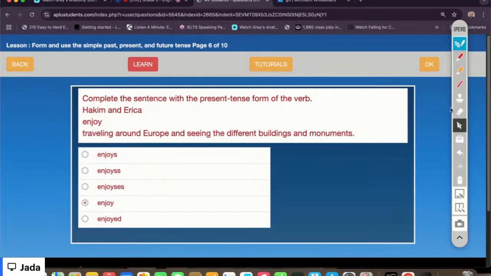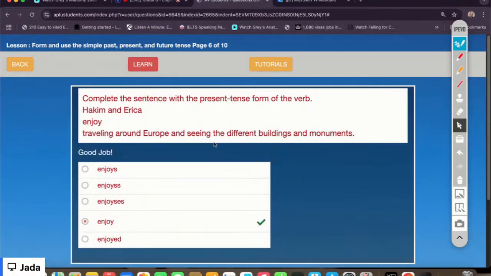Okay, so we have enjoy. Alright, that's it for our lesson on the simple verb tense review.